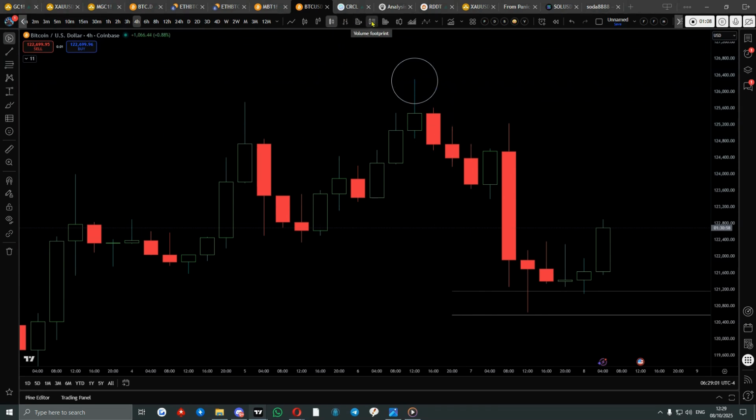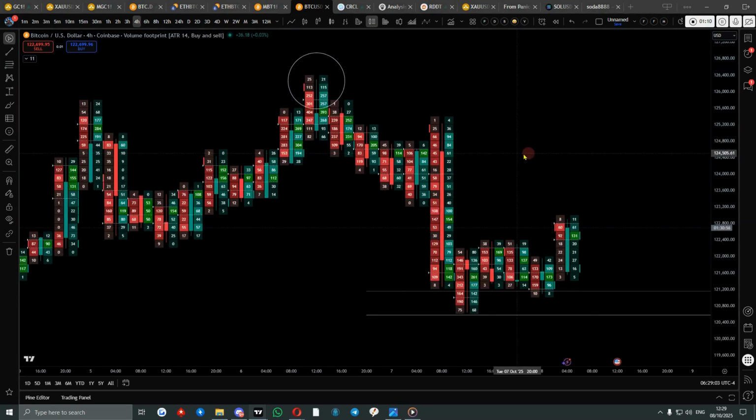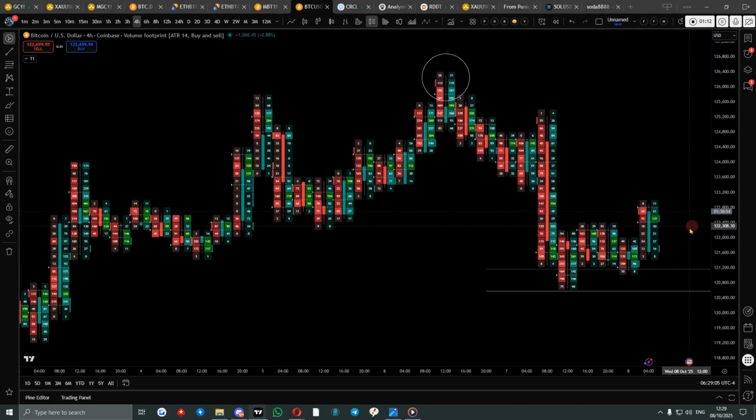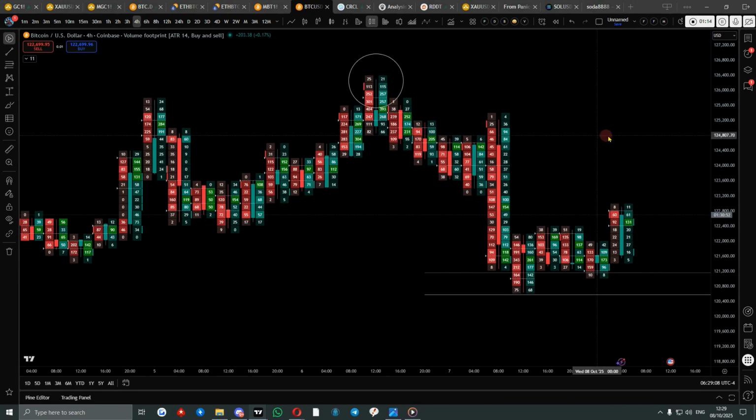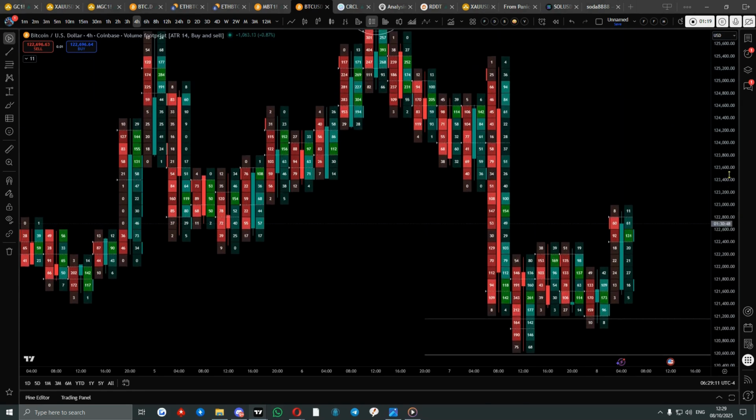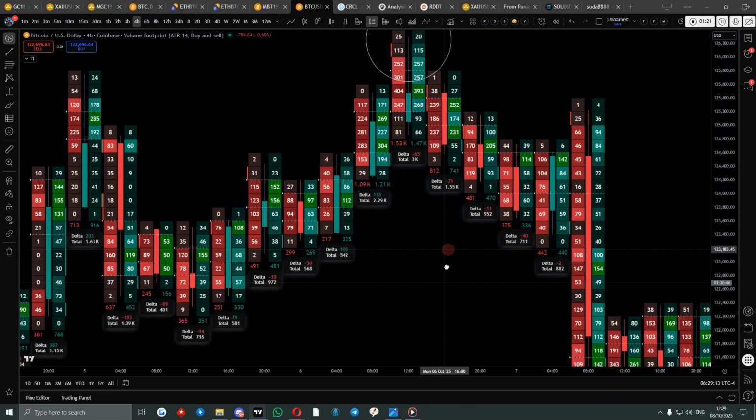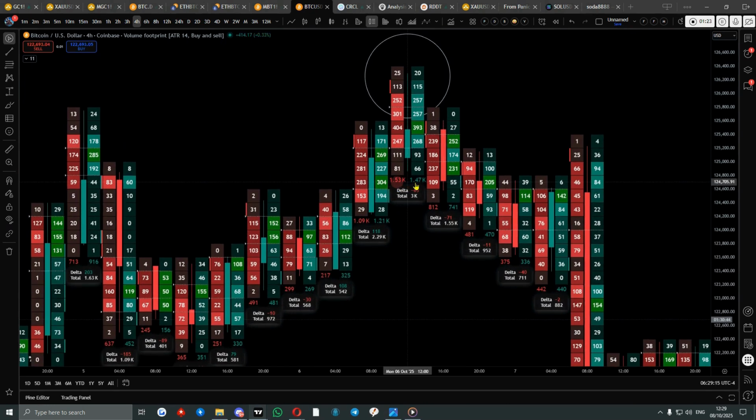So with that said, we're going to jump back to the footprint chart and take a look at what happened to Bitcoin on Monday. So we had this move upwards. We put in our all-time high, and from the footprint chart, it gives us these numbers here where you can see the sellers and you can see the buyers, and it gives us the number in what we call delta.